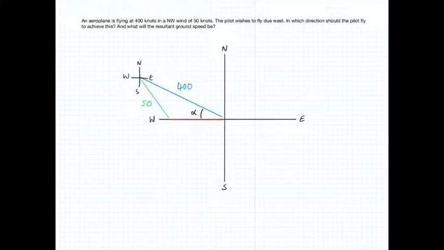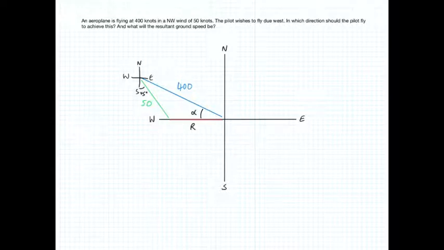So if it's in a due southeast, then the angle between the south direction and the east will be 45 degrees. And then the resultant, we'll call that one R. We don't know the length of it, but we know its direction is in the due west, which is why we've put it on that west axis.